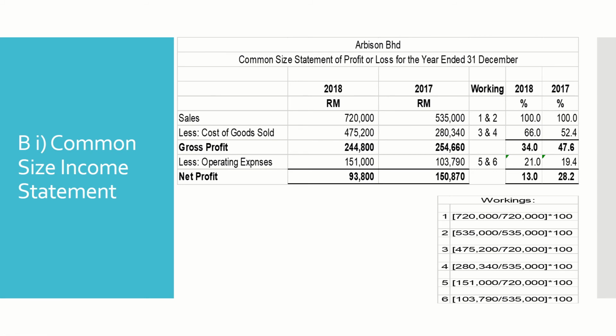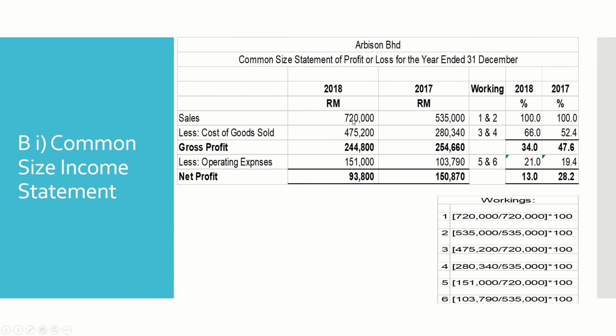So from the statement of profit or loss, you are required to prepare the common size ratio for Abison Berhad statement of profit or loss for the year ended 2017 and 2018. In order to calculate the percentage, you need to divide the sales figure, cost of goods sold, operating expenses with the amount of sale.